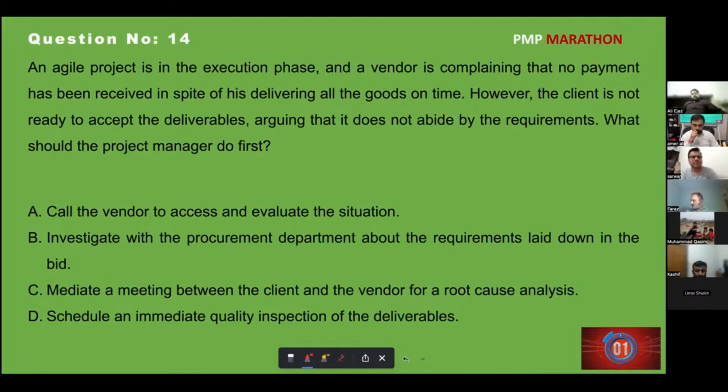Option B, investigate with the procurement department, I don't think so. Schedule an immediate quality inspection will also be eliminated. The answer is between A and C. Between the two, I'll go with C, because the first thing as a project manager is to arrange a meeting between the client and the vendor and find the root cause of why the client is not accepting, to understand the real problem.